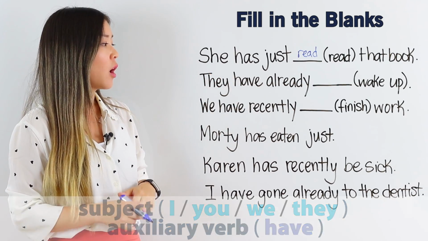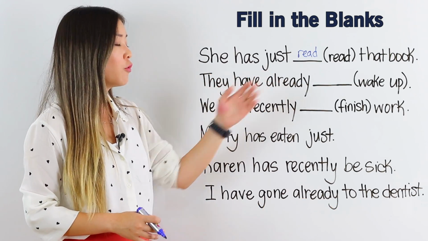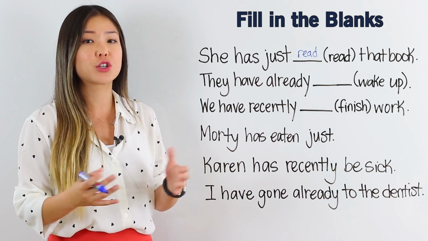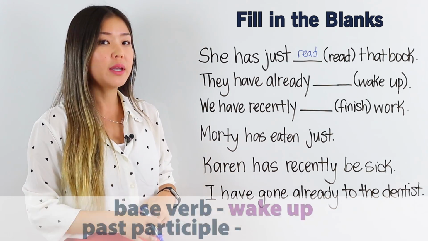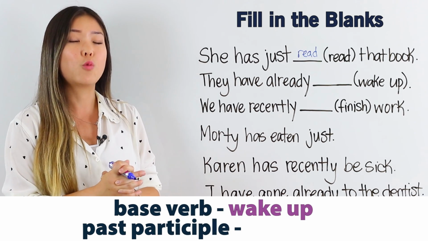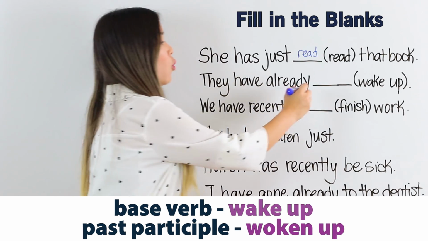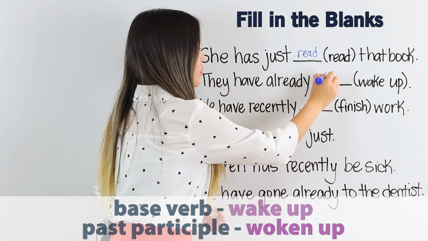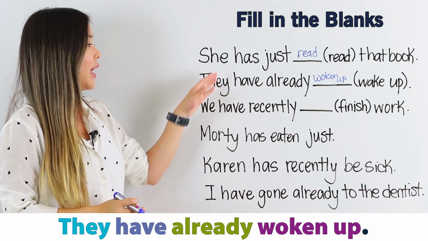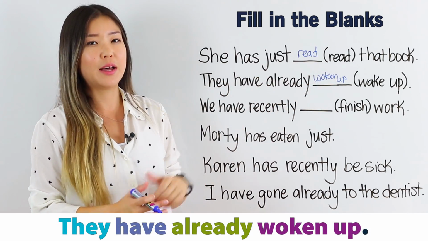They have. Also, we have the word already here to show that it happened recently or that it finished recently. Now the verb is wake up. We need the past participle of wake up, and that is woken up. So the answer is they have already woken up.